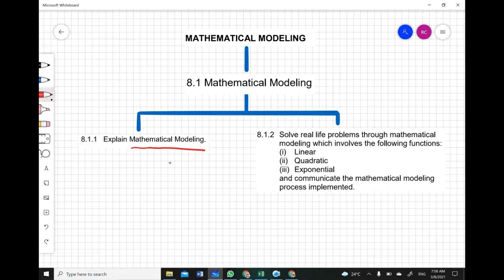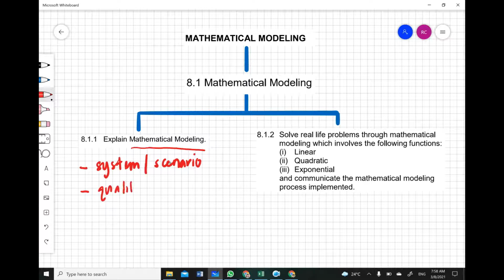It is a representation of a system or scenario. After that, that is used to gain what? This is very important.